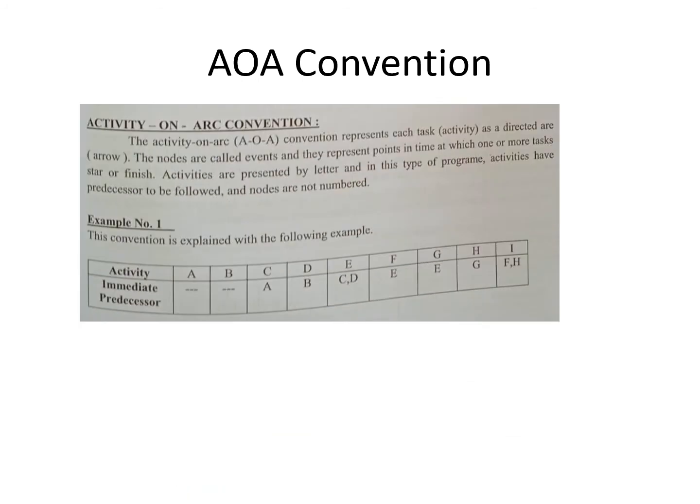So we talk about the conventions of AOA, which is activity on arc or activity on arrow. We already know about it. The activity is represented on an arrow, and the name of the activity is on top of it and the timing is below it, right?